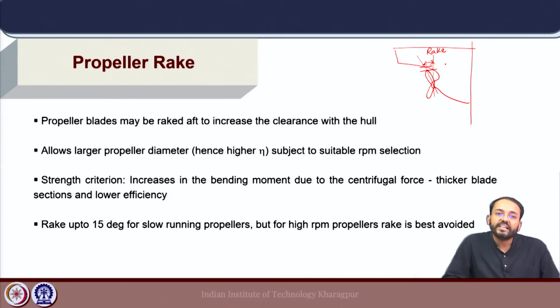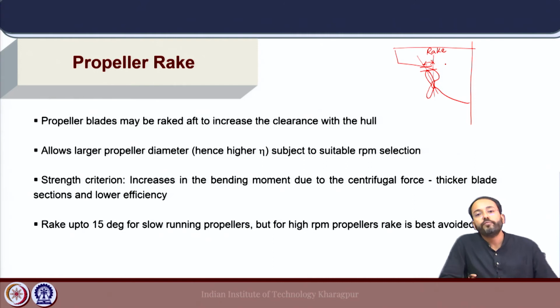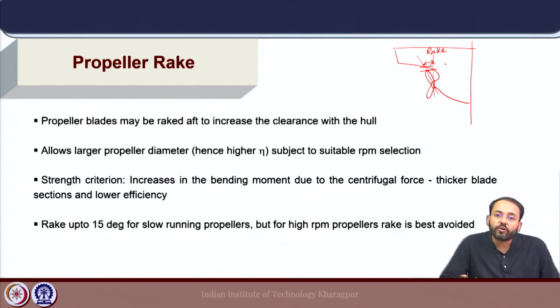And finally, for slow running propellers, a rake of up to 15 degrees can be given if required. So, if there is no design requirement, then rake will not be given, and if it is required, we can provide a rake of up to 15 degrees for slow running propellers. But for high RPM propellers, where the thrust and torque loading are very high on the propeller blade, rake is best avoided.